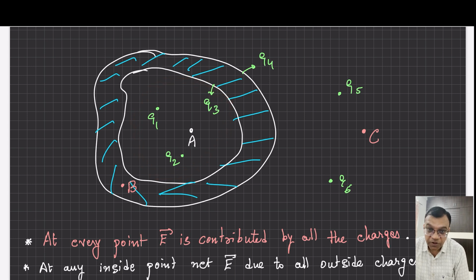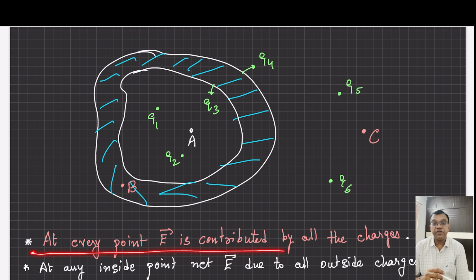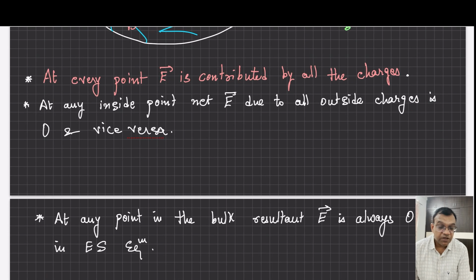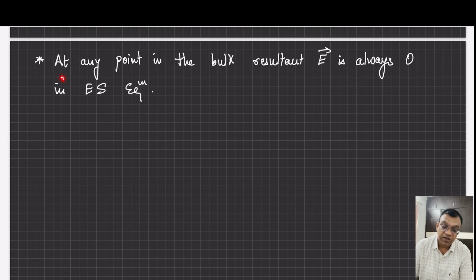At every point, the field is contributed by all the charges. But the net resultant contribution due to all outside charges at any inside point is 0 and vice versa. And remember, in the bulk of the conducting medium, electric field intensity will always be 0.